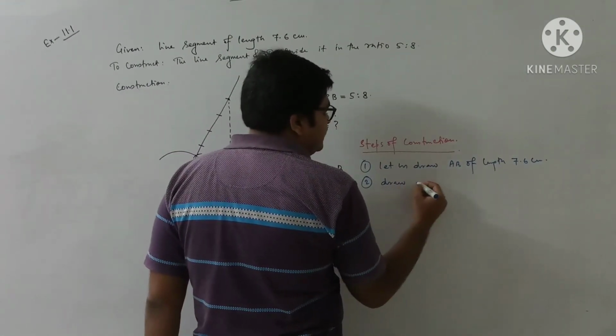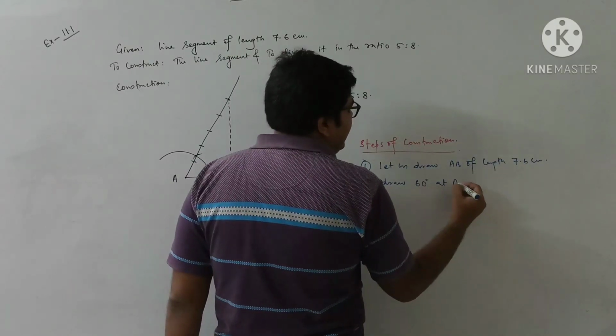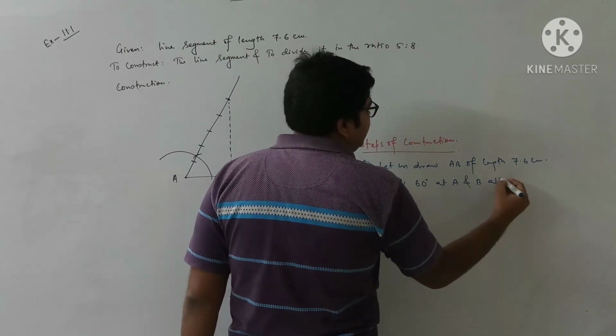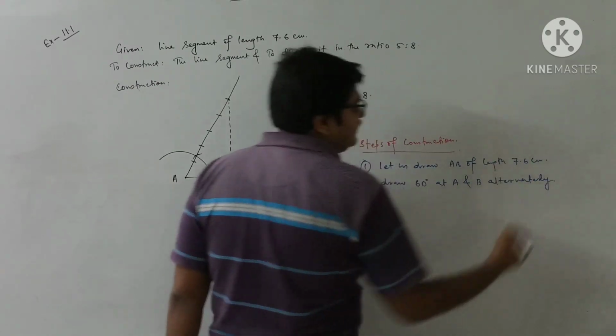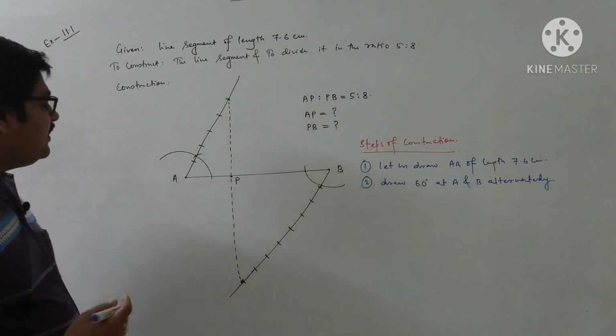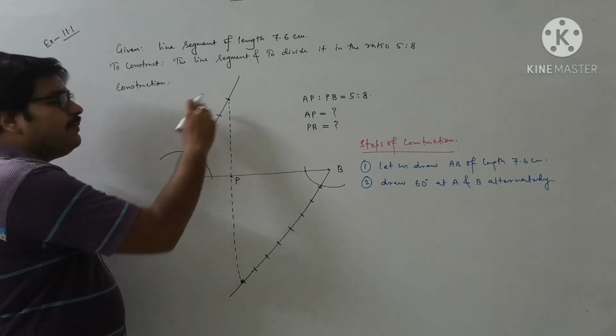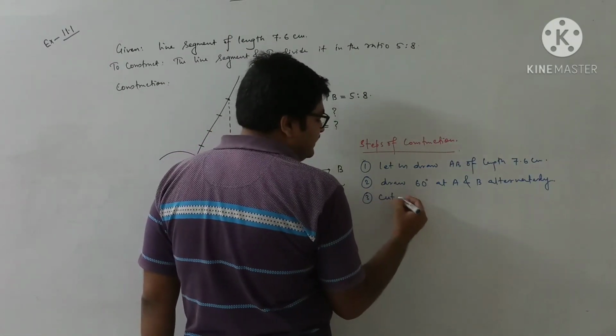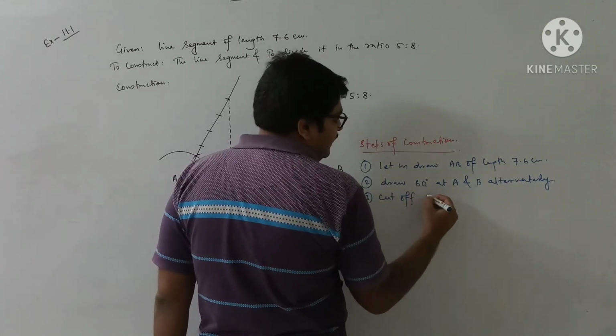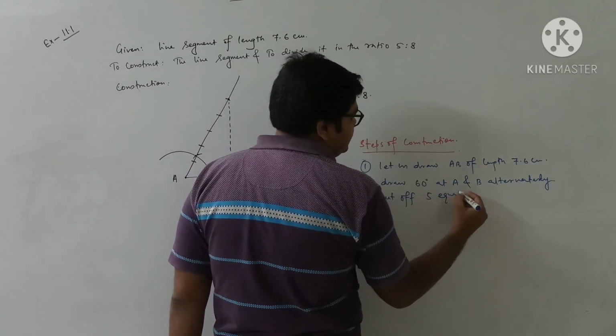Draw 60 degrees at A and B alternately. That one you have done. Then what have you done? You have cut 5 equal parts.